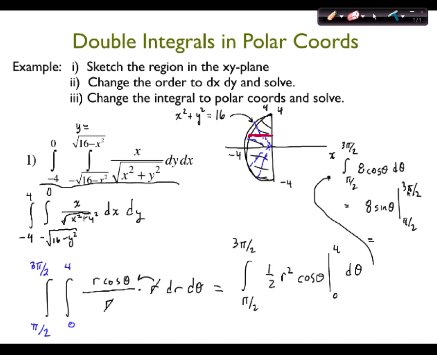Sine of 3 pi over 2 is the y coordinate at the bottom of the unit circle, negative 1, so we got negative 8. It's going to be minus sine of pi over 2, minus 8. So negative 16.